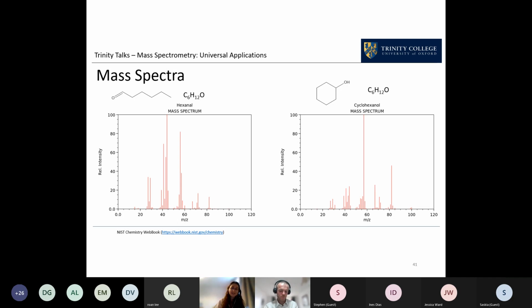So if you had a reaction and you knew, in order for your equations to balance, you needed to make C6H12O, but you didn't know which one you'd made, you put it in a mass spectrometer and compare your sample to a known sample. You would test beforehand cyclohexanol and hexanal and say, which one does it look like? So it's a really powerful tool for identifying unknowns.